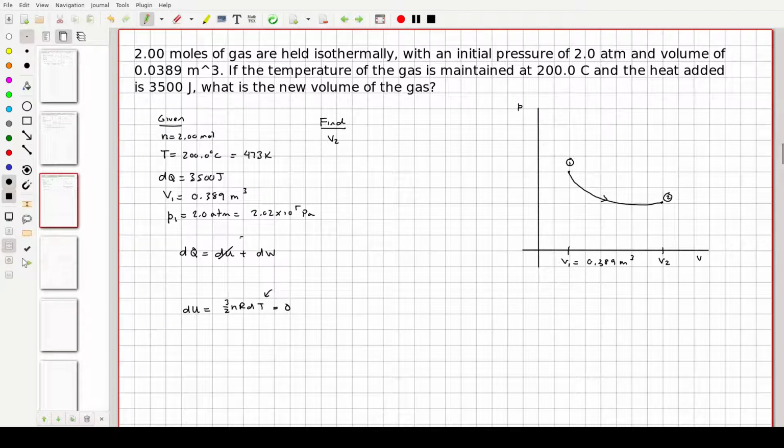Basically, any heating you're doing to the gas is going explicitly into making the gas do work. Now, what kind of work are we looking at here? Well, that's the isothermal work.